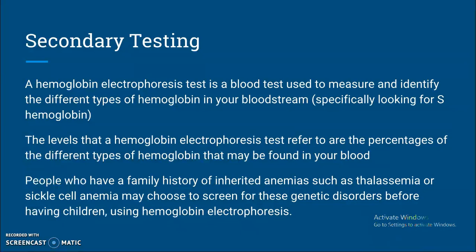So when we see a large percentage of hemoglobin S, it's another indicator that there's probably sickle cell disease in the patient. And obviously people who have a family history of inherited anemias, such as thalassemia, which was mentioned earlier, or sickle cell anemia, may choose to screen for these genetic disorders before even having children, and they'll use this test.